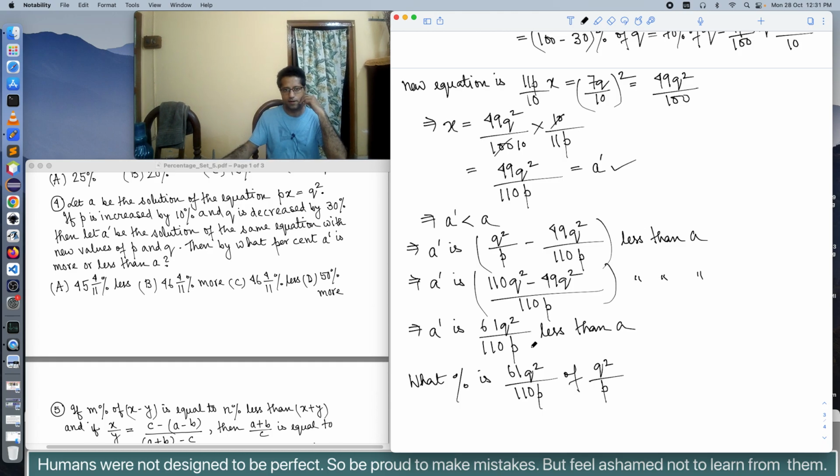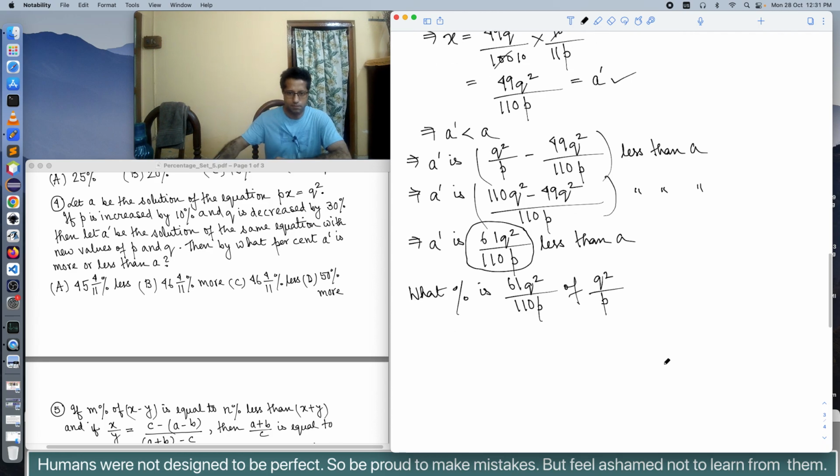This amount by which A dash is less, we have to express as a percentage of the value of A, which is q square by p. So the question now is, what percentage is 61 q square by 110 p of q square by p?